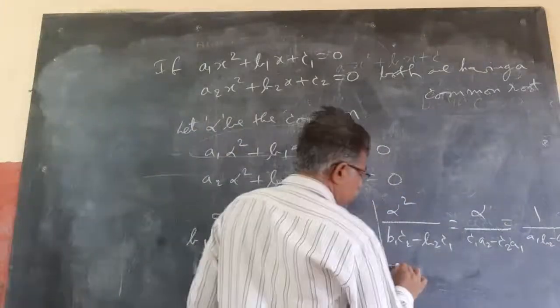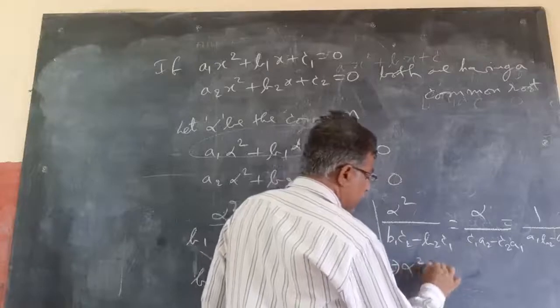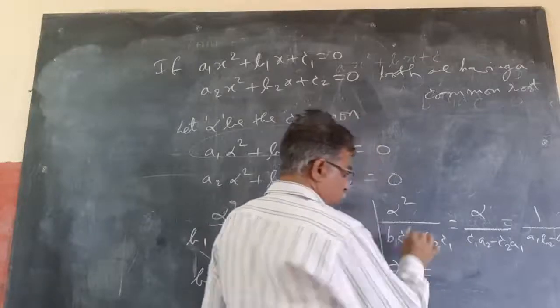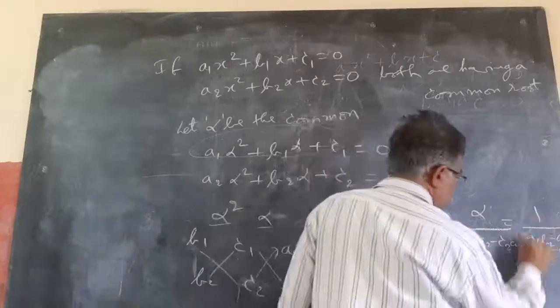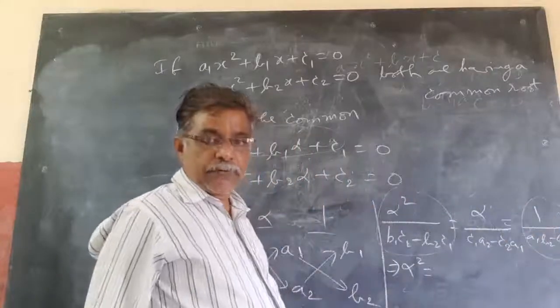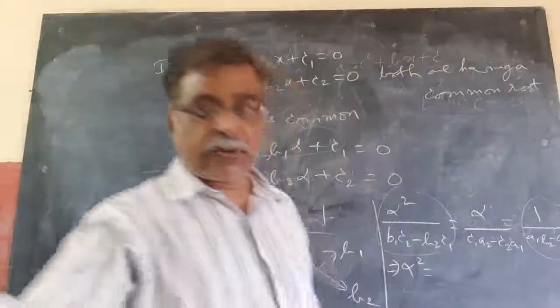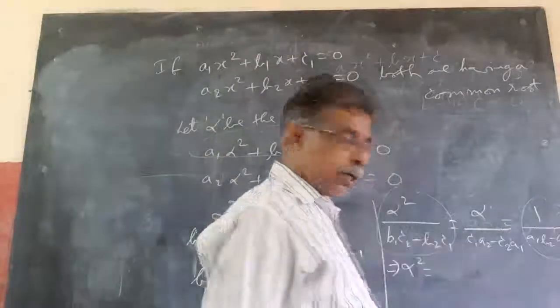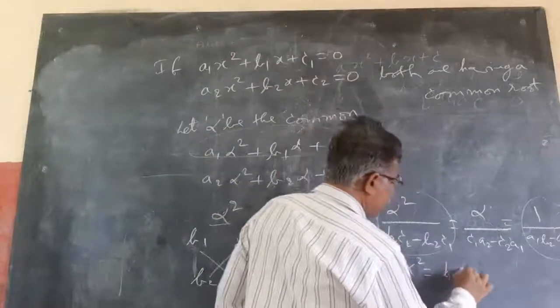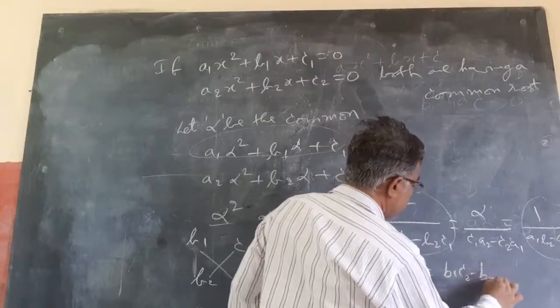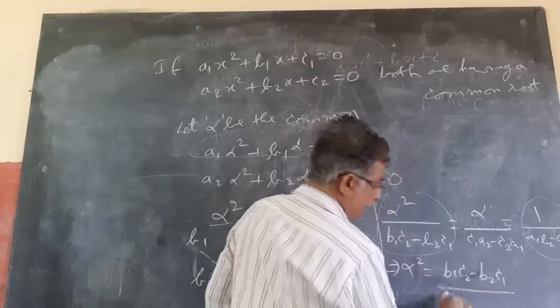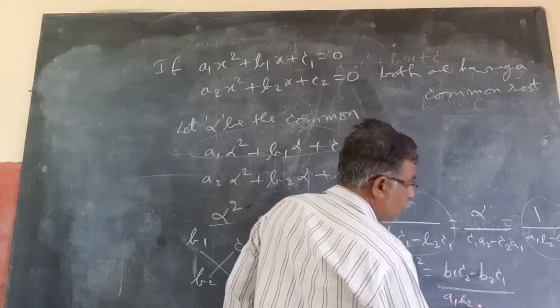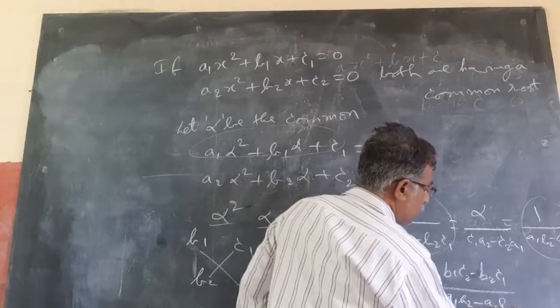From this we can conclude alpha square equals, if I am taking these two, this goes to numerator, so it becomes (b1 c2 minus b2 c1) by (a1 b2 minus a2 b1).